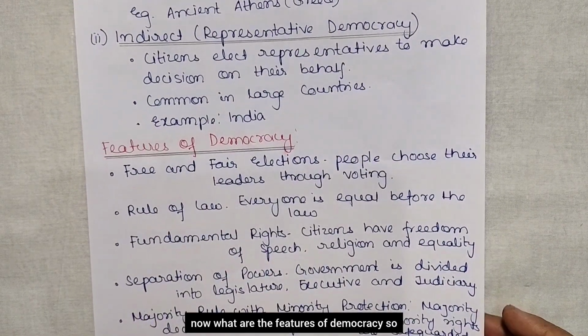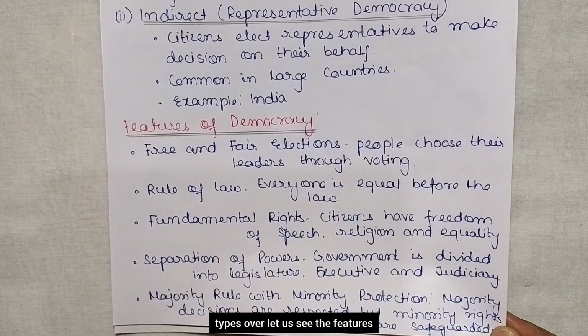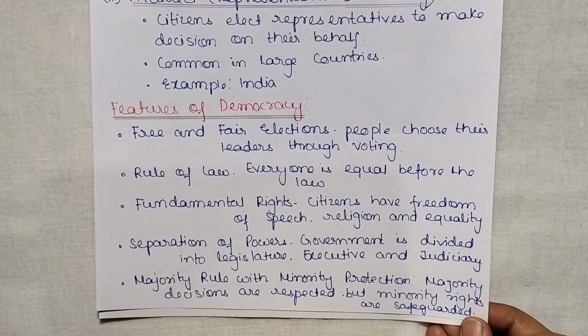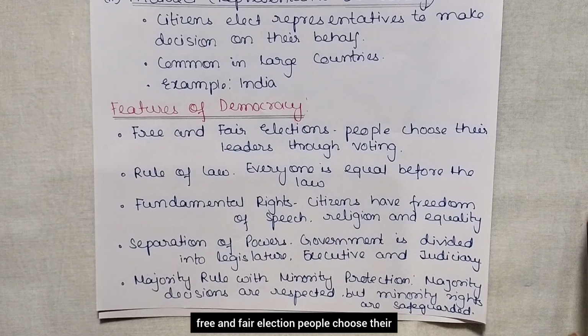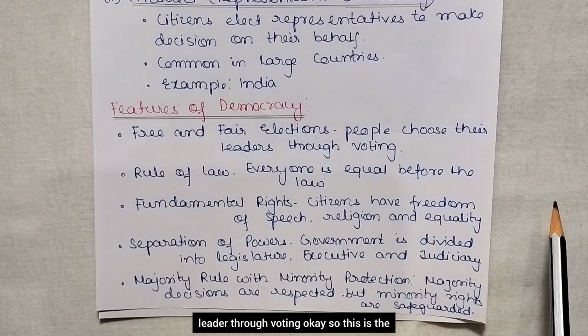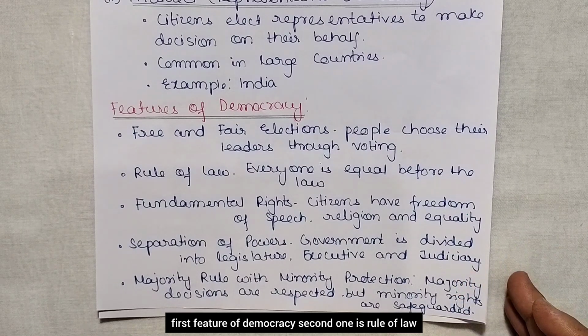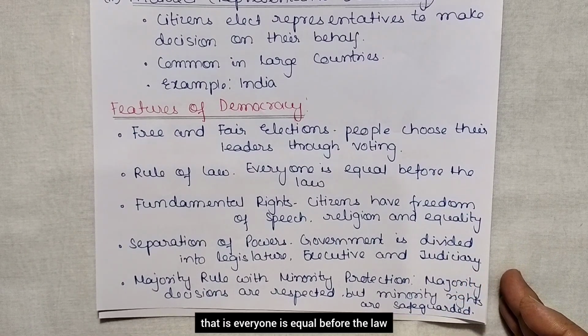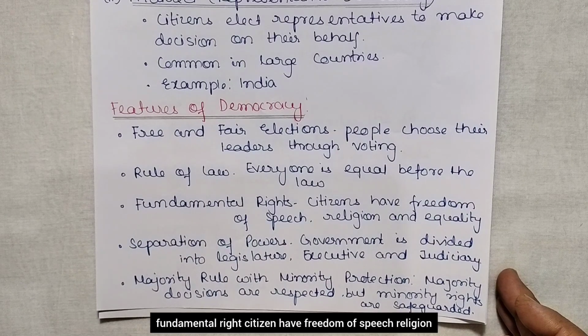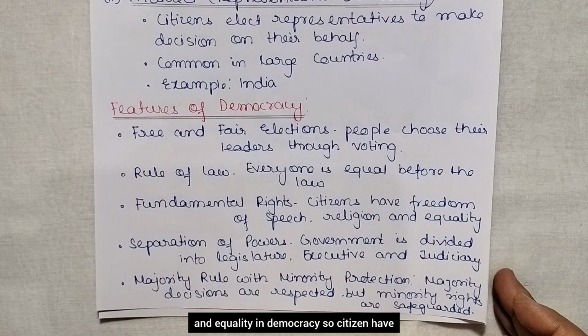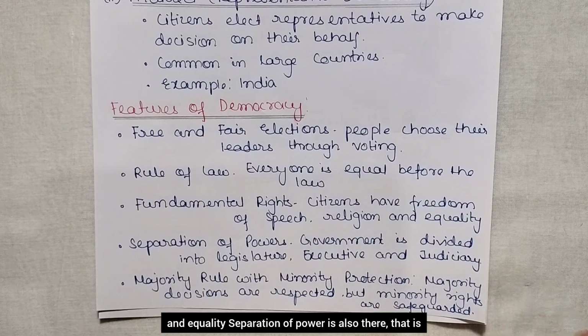Now, what are the features of democracy? So, types is over. Let us see the features. Free and fair election. People choose their leader through voting. Second one is rule of law, that is, everyone is equal before the law. Fundamental rights. Citizens have freedom of speech, religion, and equality.